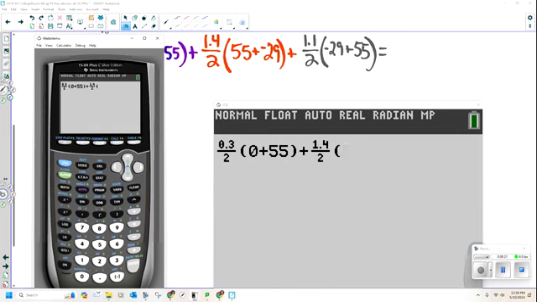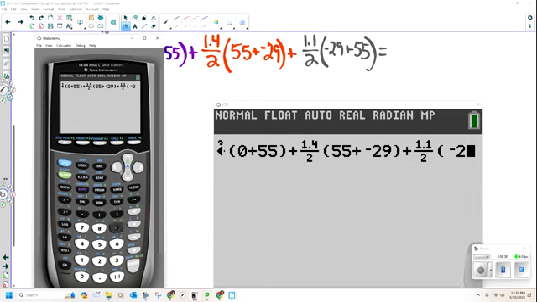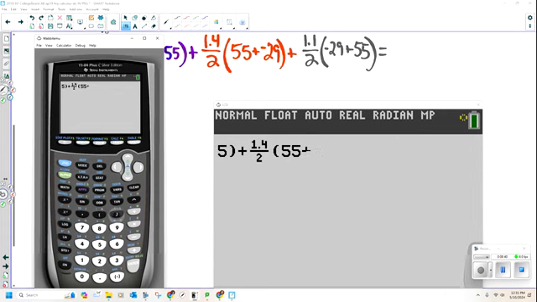And in that parenthesis is 55 plus a negative 29. Plus another fraction, kids. It's 1.1 over 2. And in that parenthesis, you're multiplying it times negative 29 plus 55.